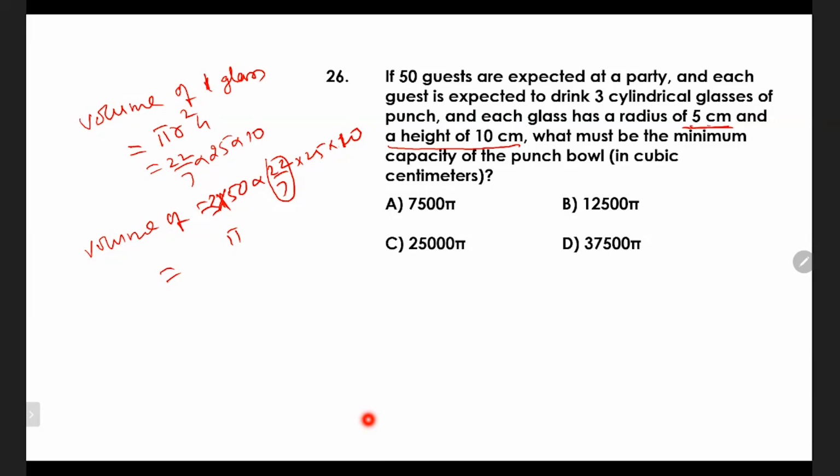This is 25 into 10, or otherwise 75 into 100, 75 into 500. So 5 5 is 25, 5 7 is 35 plus 2, 37. So 37,500 pi units. Please note it fast, quick.